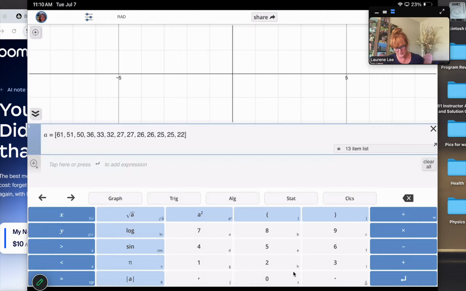And let's put a 20 in there. Okay, so let's say this is our data set.